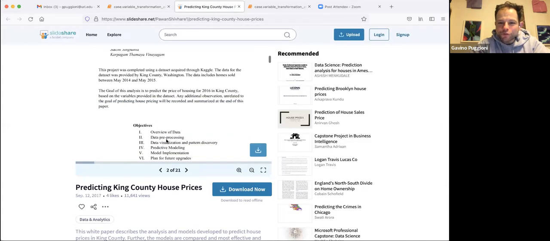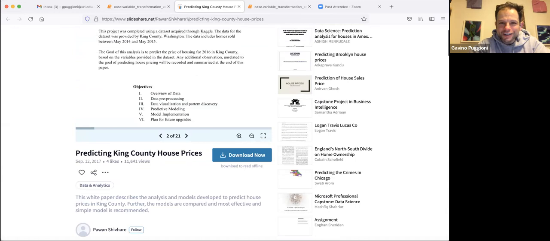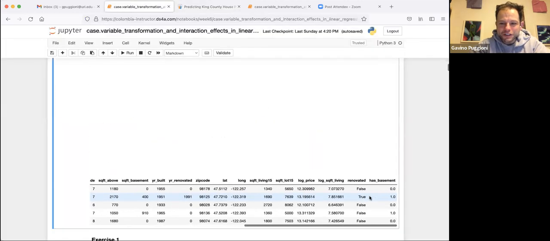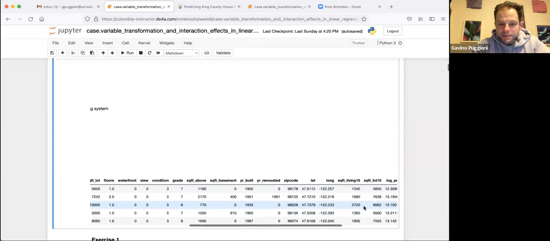There is an entire file that tells you all the variables, but we are not going to use them anyway. This one ends up with 15. It's probably some kind of transformation or normalization for the square feet of living space. Then you have log price, and we'll see why this is there, and the logarithm of the square foot of living space, and then whether or not the house was renovated and whether or not that house has a basement.